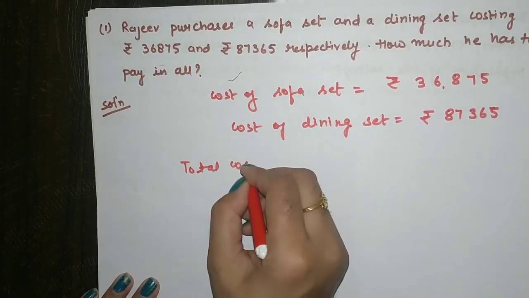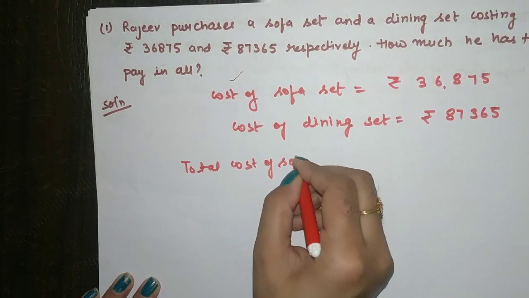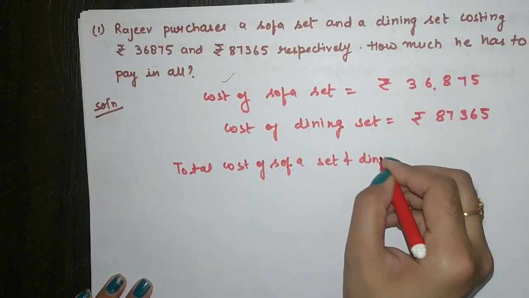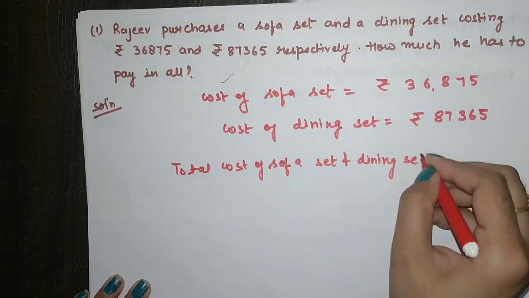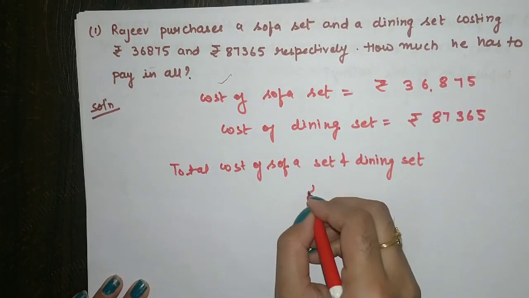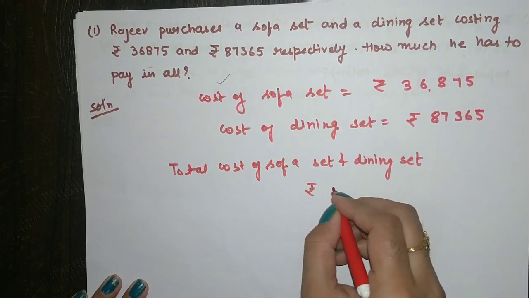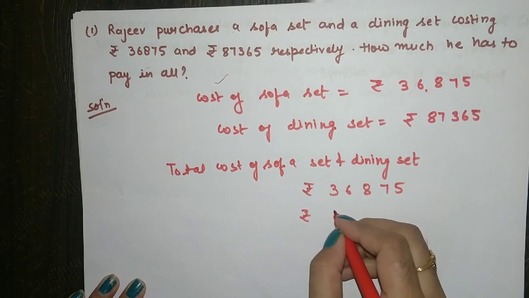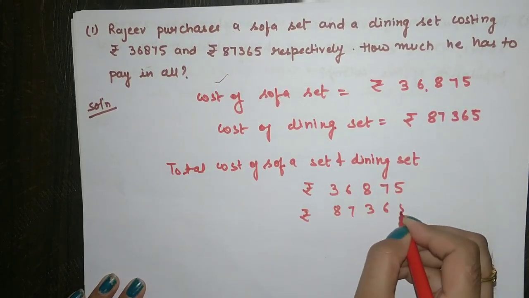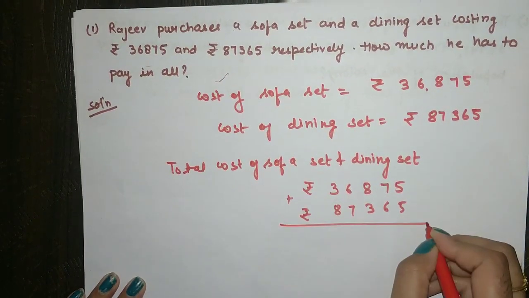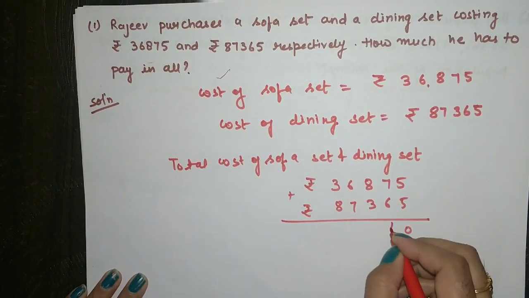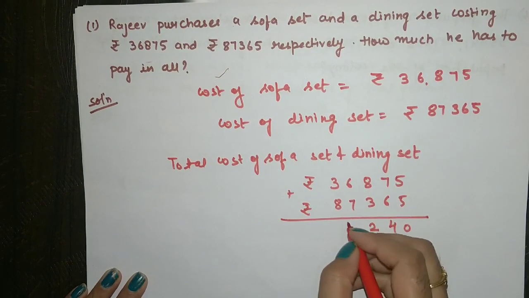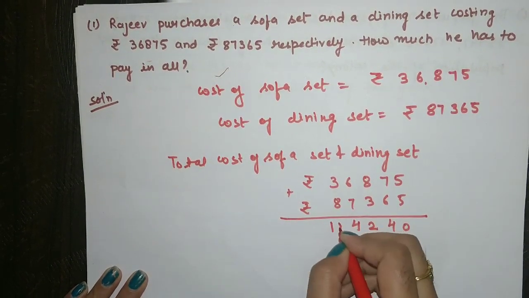How will we write? Total cost of sofa set and dining set is 36,875 plus 87,365. Adding the digits: 4, here 2, carry 1, 2.